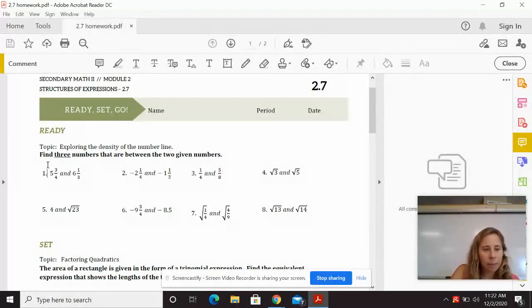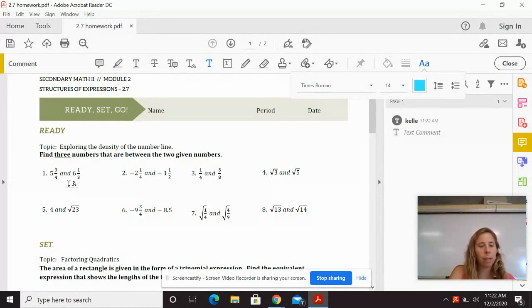So 5 3/4 as a decimal is 5 point, and then what is 3/4 as a decimal?